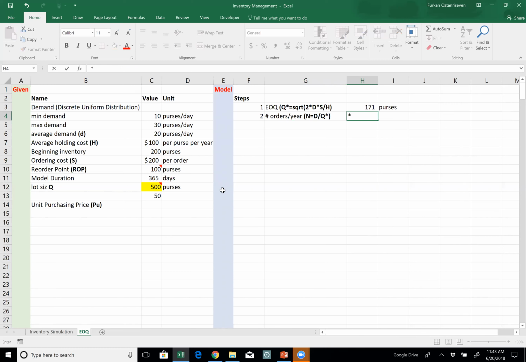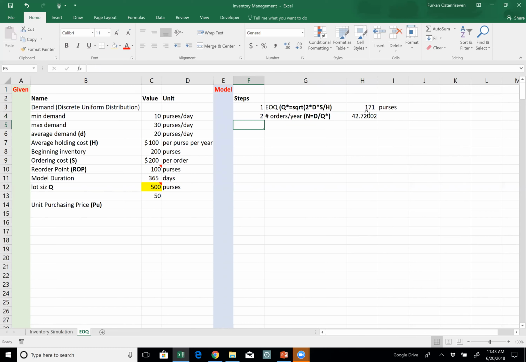So let's calculate this. My annual demand is not given to me again, but I know demand per day times the number of days in a year. That would give me capital D, divided by Q star, the economic order quantity, which I calculated right here.